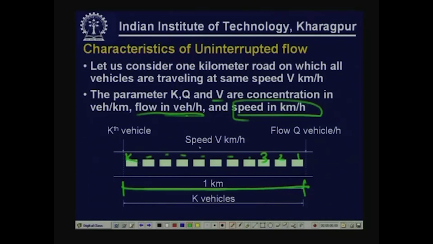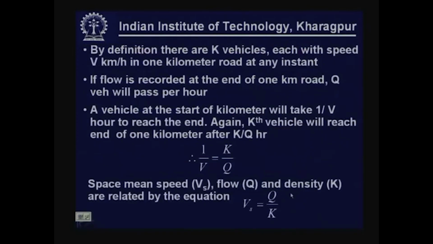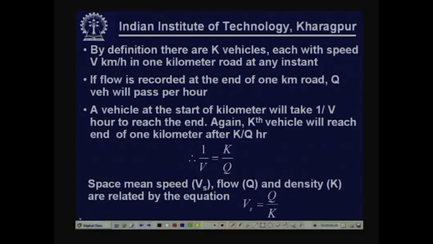If you measure the flow here, you will find per hour q number of vehicles are going, each with a speed of v kilometer per hour. Now, by definition, there are k vehicles, each with speed v kilometer per hour, in 1 kilometer of road at any instant. That is what defines speed, flow and density.